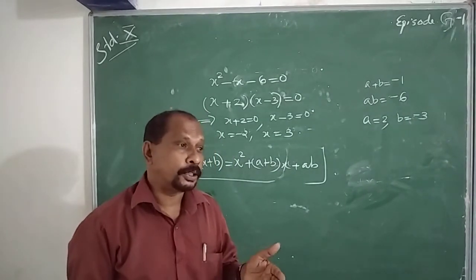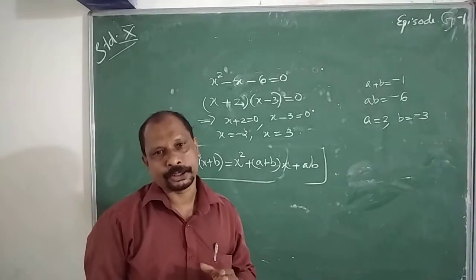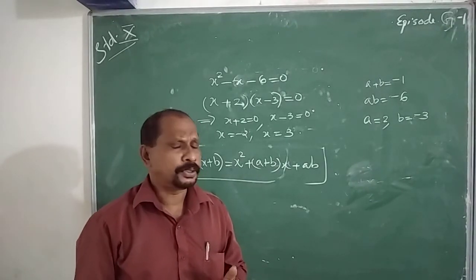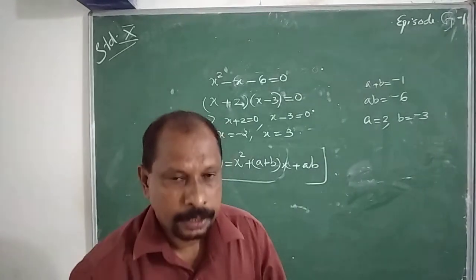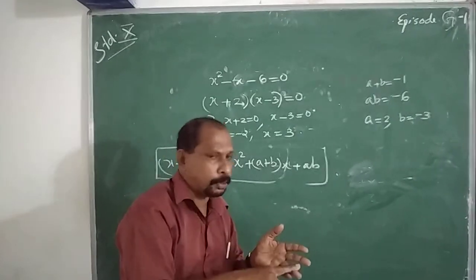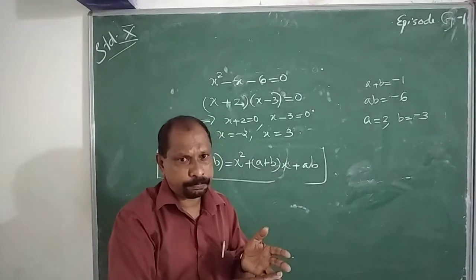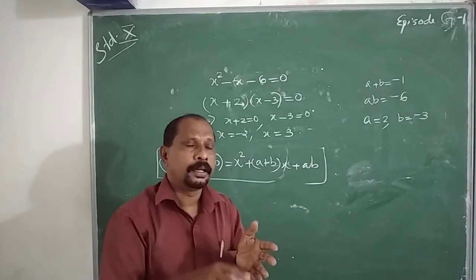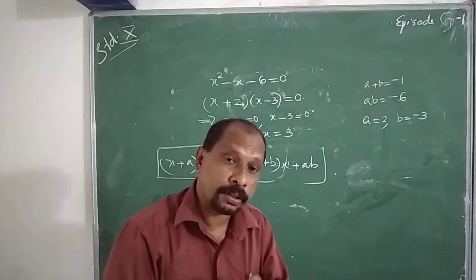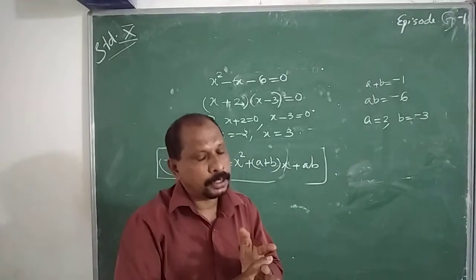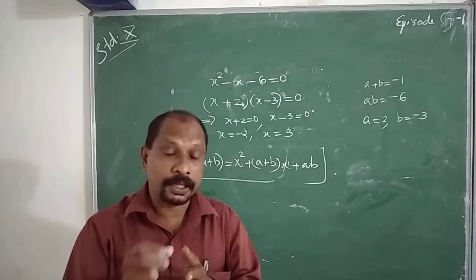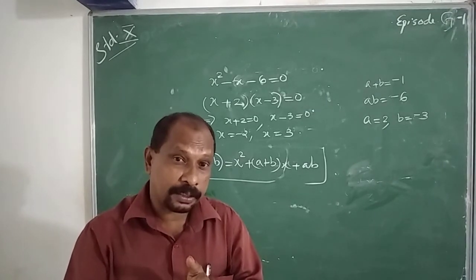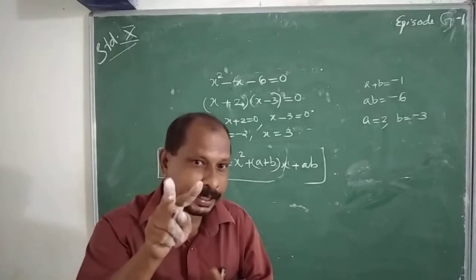We can find the solution of this quadratic equation using different methods. The first method is the factorization method. The second method is the complete square method, which we will learn later. And the third one is using the quadratic formula. First is the factorization method. In this case, we consider algebraic identities of second degree.